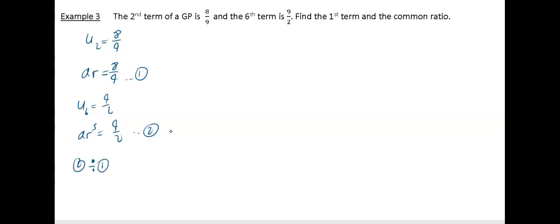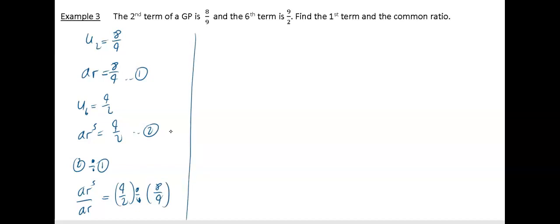So your left-hand side, you'll have ar^5 divided by ar, and that's going to be equal to 9/2 divided by 8/9.